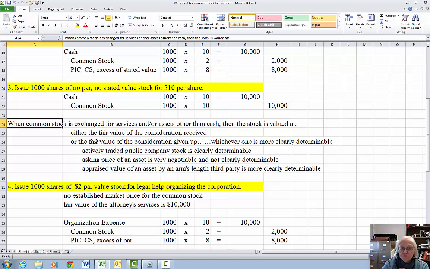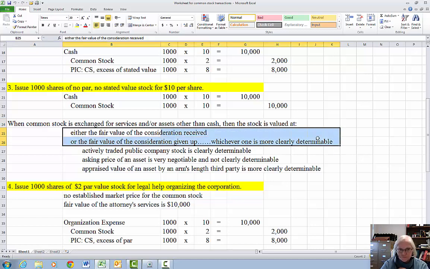Or you can use the fair market value of the consideration given up, whichever is more clearly determinable. So that's the rule right there. An actively traded public company stock, you can clearly determine that price. The asking price of an asset that the owner is trying to sell is very negotiable and is not an accurate number ever.